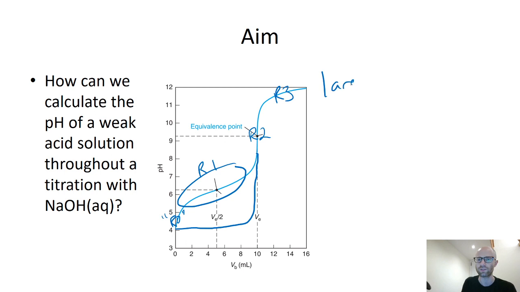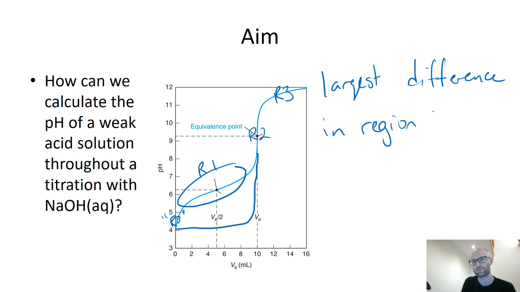So, largest difference here. Although what I will say is it does seem that the equivalence point pH is not 7, so there's also going to be a region 2 consideration.